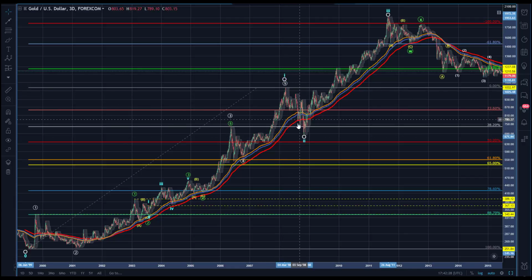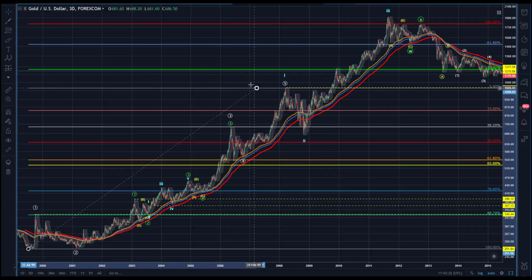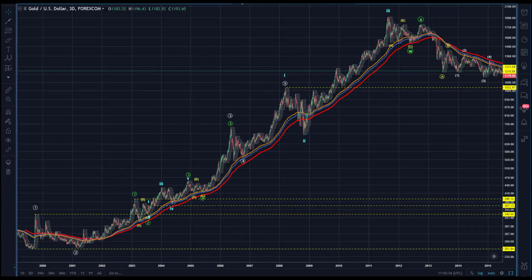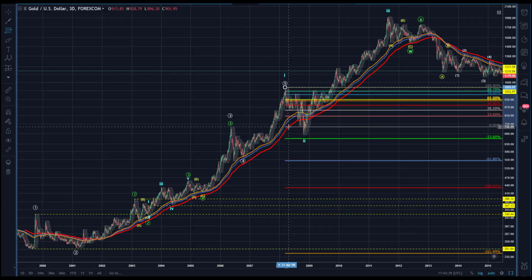So we get some sort of an A, B, C. We push down here. Now that could be, remember I'm on a 3-day here. If we took this down, it looks like there might be something here. Yeah, possibly. Okay, so you can see it here. Swing high to swing low into the golden zone, possibly. That's just a front run on target.